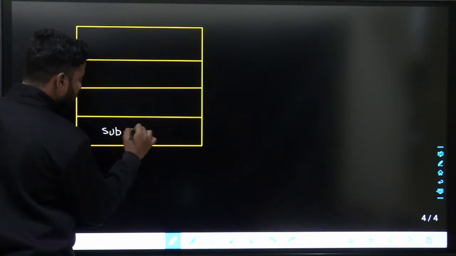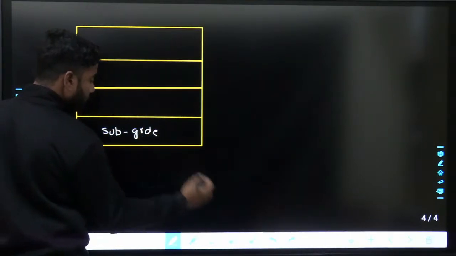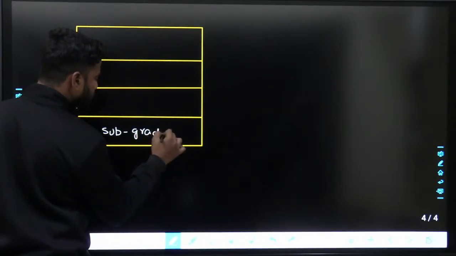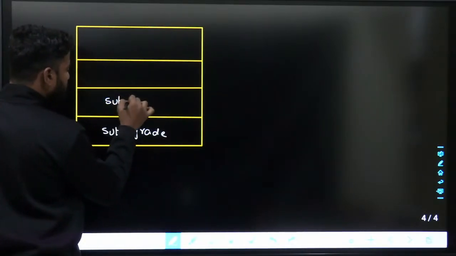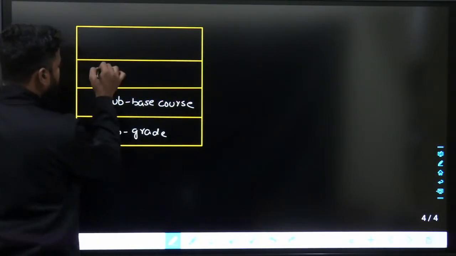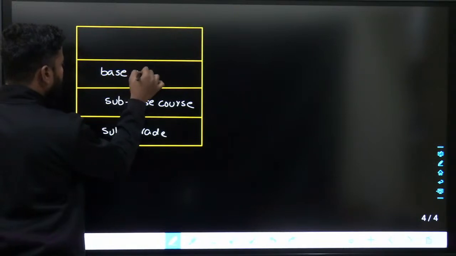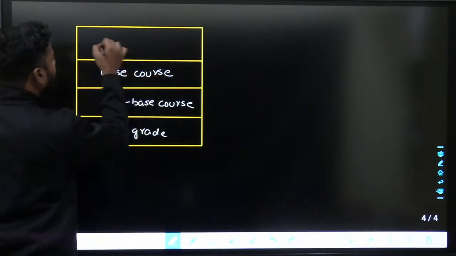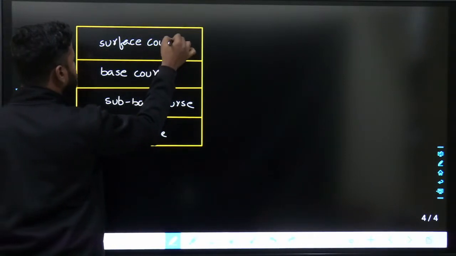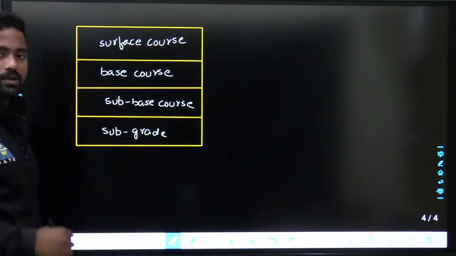There will be subgrade, sub-base course, base course and surface course, right?